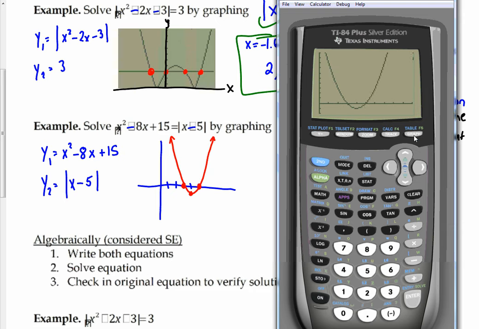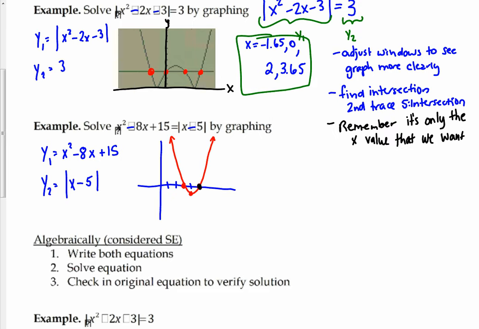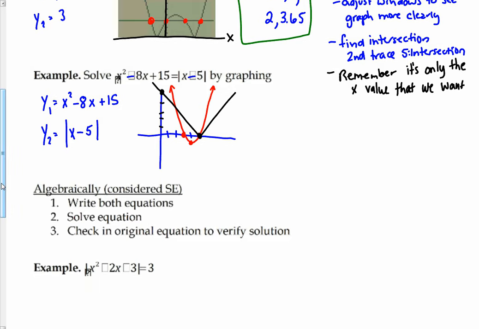It looks like it is going from 5 because the slope is negative 1. So just by looking at this, we expect that one of our intersection points is actually on the x-axis at 5. But we're going to double check using our graphing calculator.